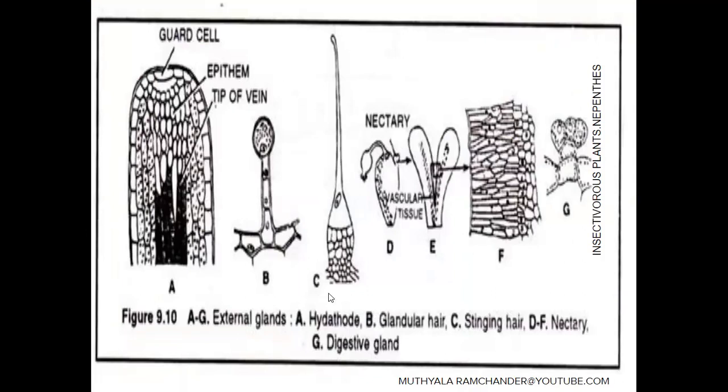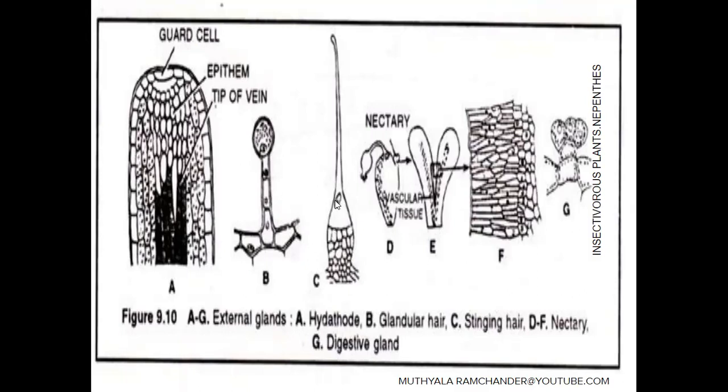And the next ones are glandular hair and stinging hair. These are the protective tissues or protective glands. Here in the B diagram, glandular hair contains a multicellular stalk-like structure. On the terminal part, a spheroidal gland body is present. It is filled with toxic chemicals.